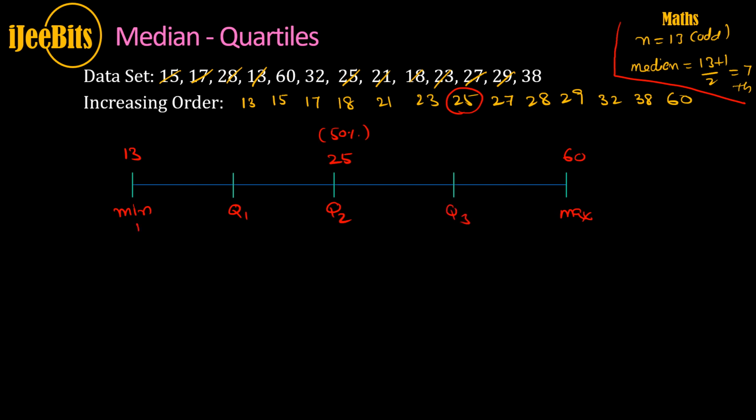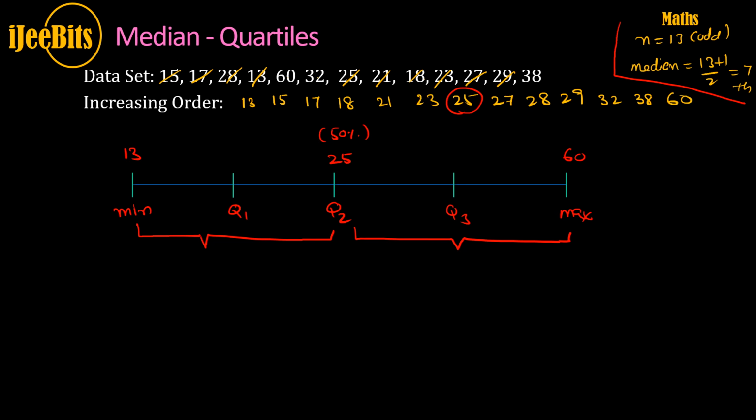For Q1, you take the lower half of the data set as a sample and calculate the median for it. Similarly, take the upper half of the data set and find the median for it to get Q3. Let's do this now.